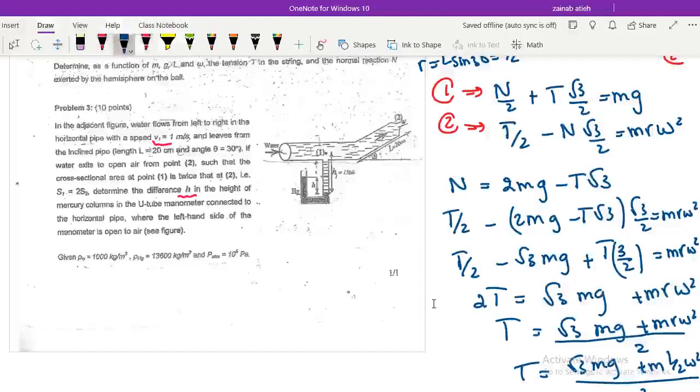Let me start applying Bernoulli's equation between 1 and 2 in order to find the pressures P1 and P2, or at least find the pressure P1. So apply Bernoulli, I will do it rapidly.